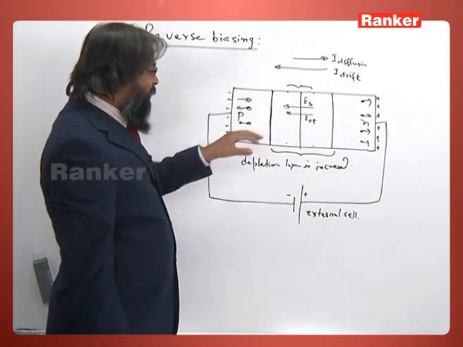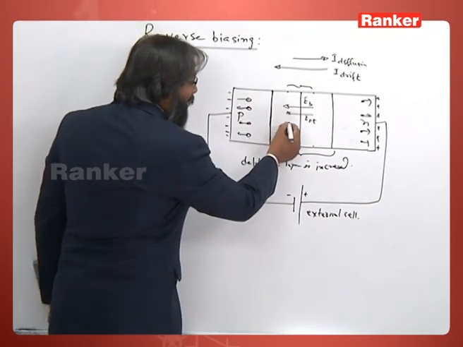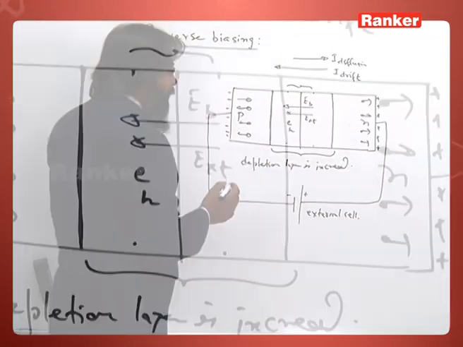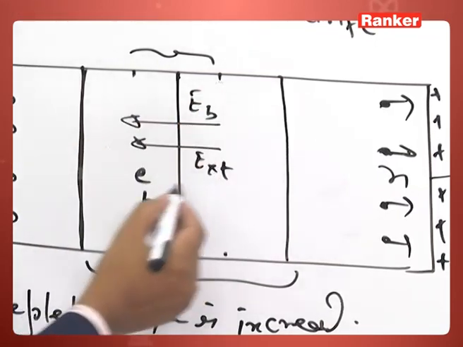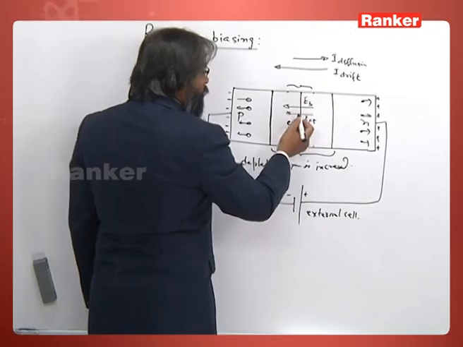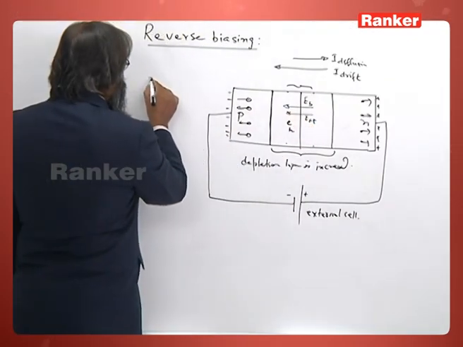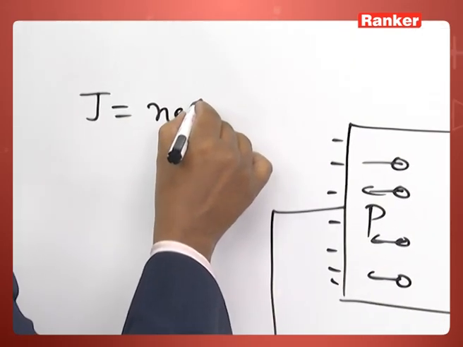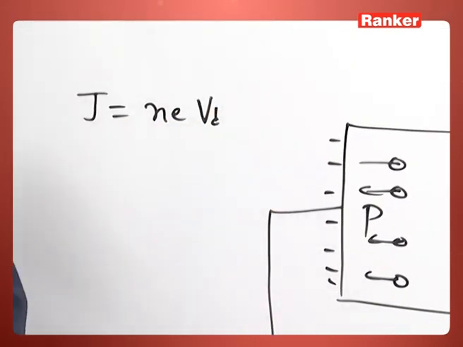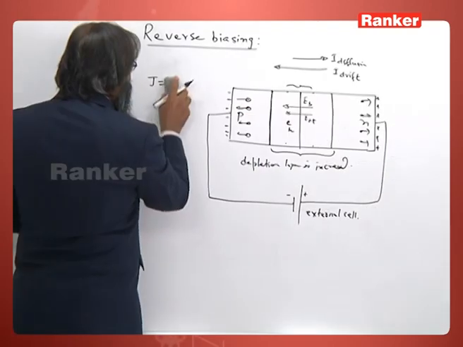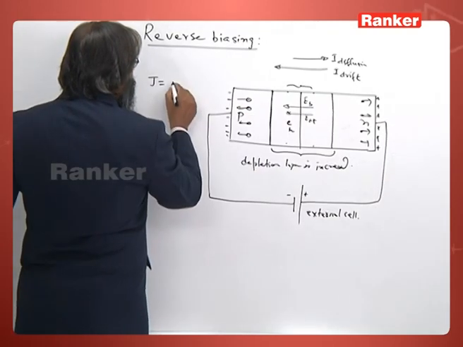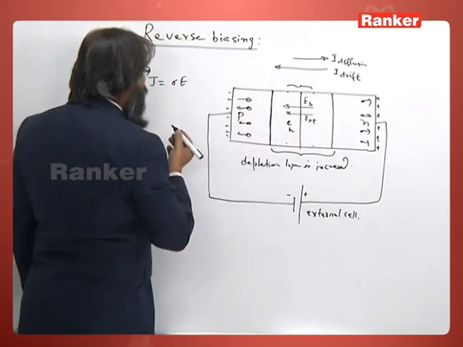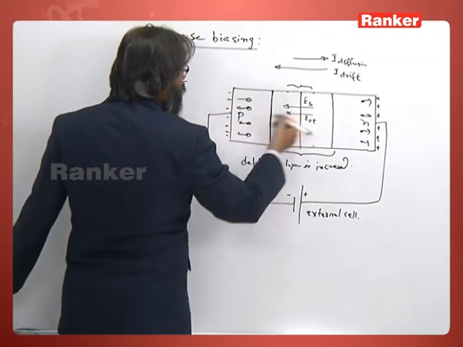As a result, the electron hole pairs are created here. Since this electric field is increased, and the current density is defined as n e v_d, or simply J equals sigma E, if you see the net electric field has been increased, so there will be more drift current.